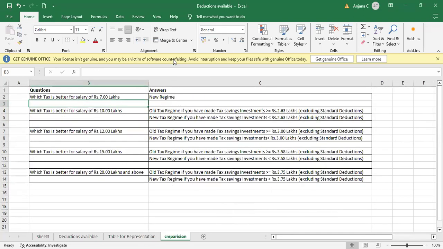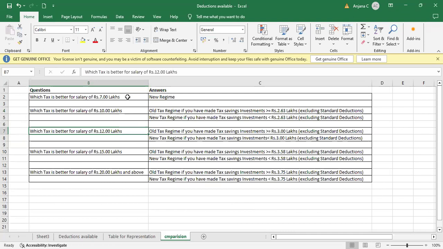Hence, anyone who has a salary up to 7.5 lakhs, for them the new tax regime would be beneficial. Which tax regime is beneficial for a salary of rupees 10 lakhs? The old tax regime would be beneficial if the tax savings are greater than or equal to 2.63 lakhs. The new tax regime would be beneficial if the tax savings are less than 2.63 lakhs.